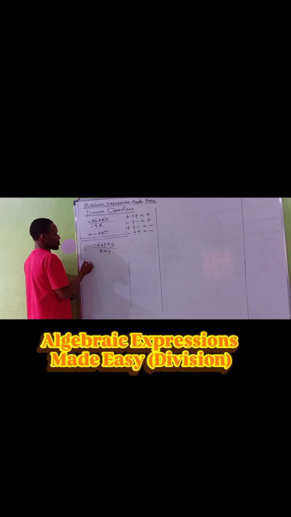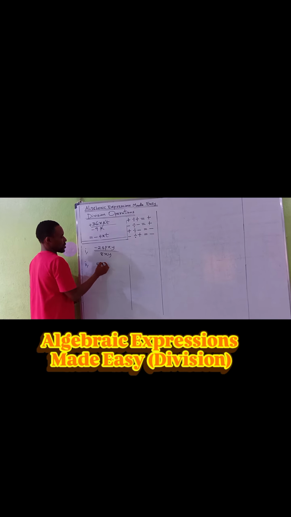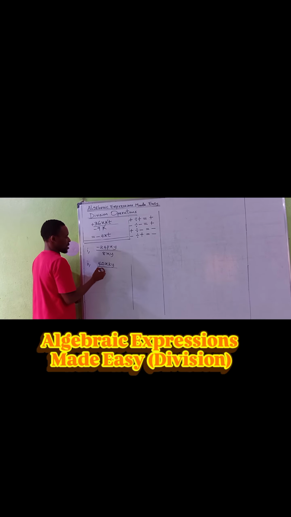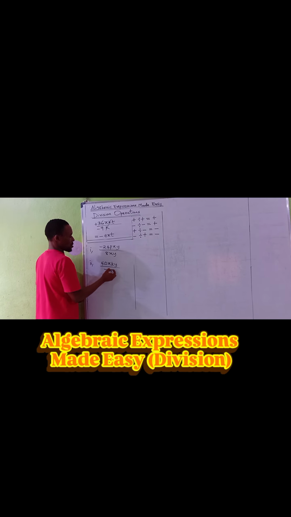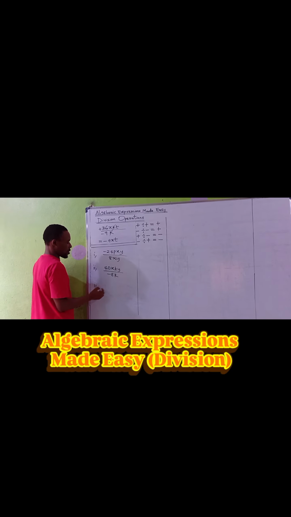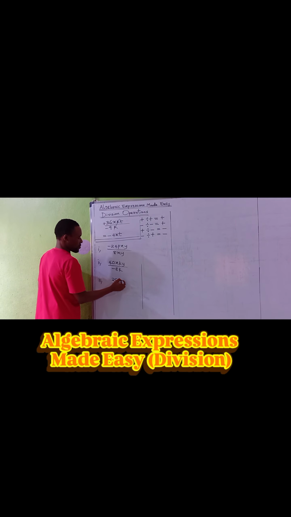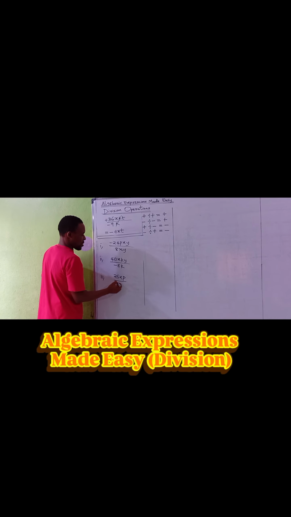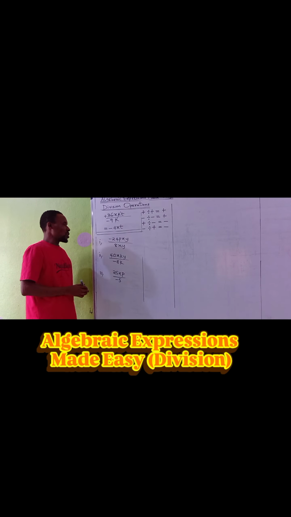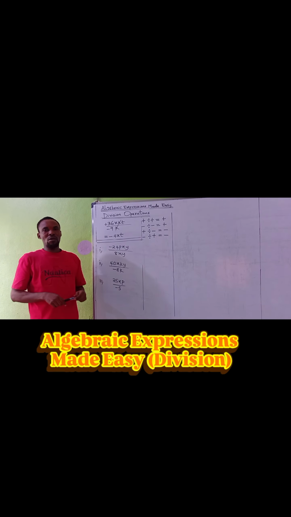The second one you are going to do for me is 40xky divided by minus 8k. Then the third one is 25xp all over minus 5. So you are going to do these three for me. Please do them and give your answer in the comment section.